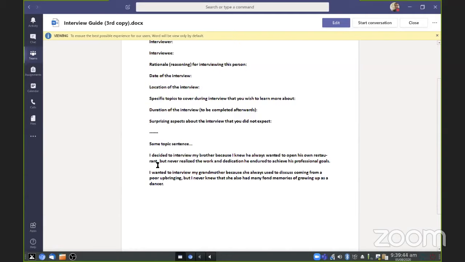It's basically, I'm saying I didn't know something. I learned something about my brother that I didn't know beforehand. Right. In the second example, I knew my grandmother always had a poor upbringing, but I never knew that she had fond memories. I didn't know that. I actually learned something from her that we had never discussed before.